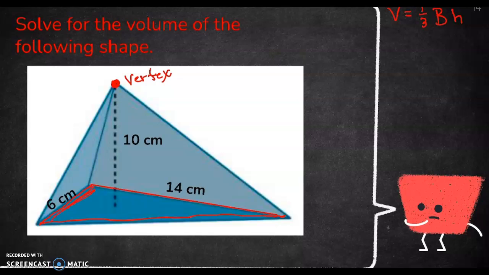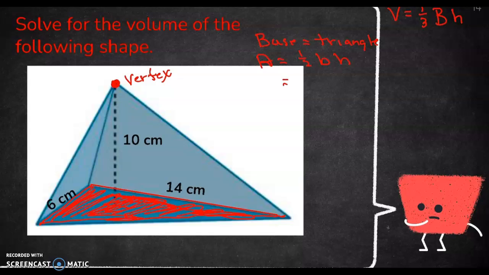And that area right there is what I must focus on at the beginning, the area of my triangle. So the first part is I have to solve for the base, which is a triangle. The area of a triangle is equal to 1/2 small b times h, which is base times height.